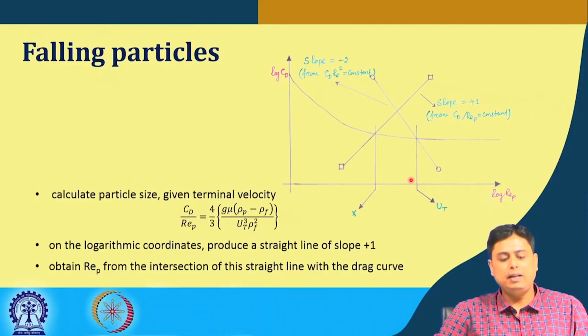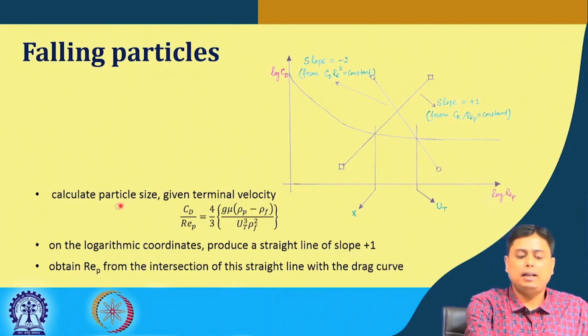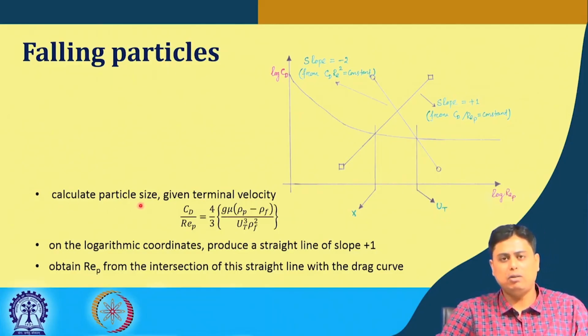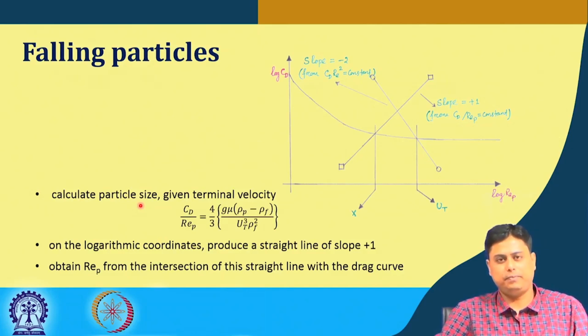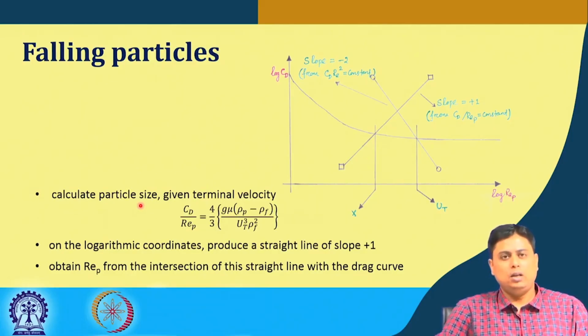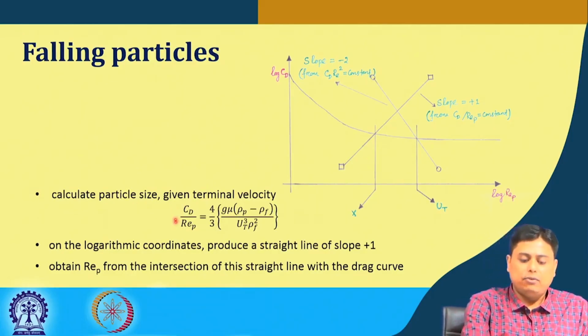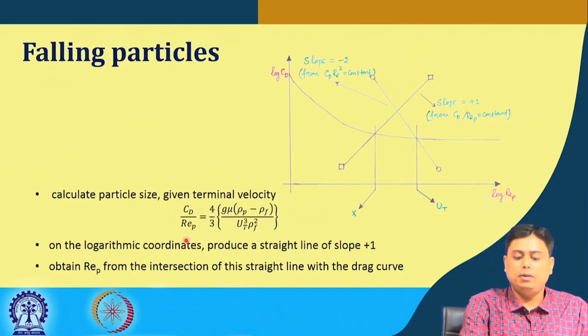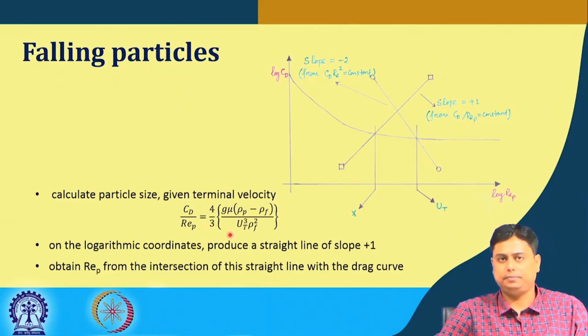Similarly, if the particle size is what you have to calculate and the terminal velocity is given, then also you cannot calculate the Reynolds number directly, because Reynolds number is again x u rho by mu. But in that case, if you find out the parameter CD by REP, you will see that this parameter is independent of the particle size.